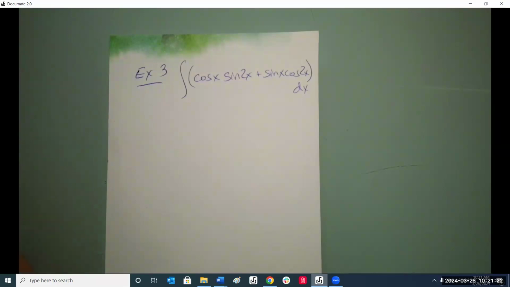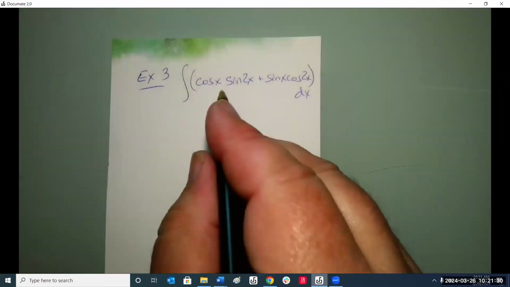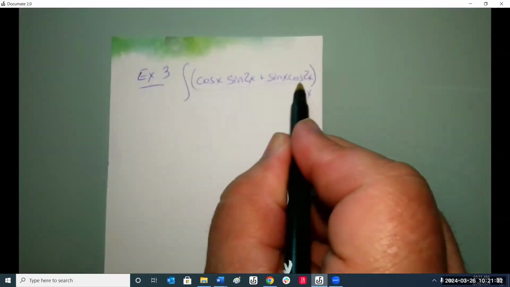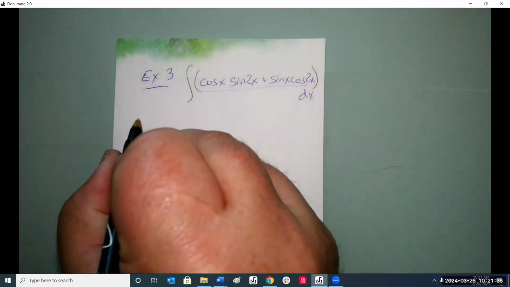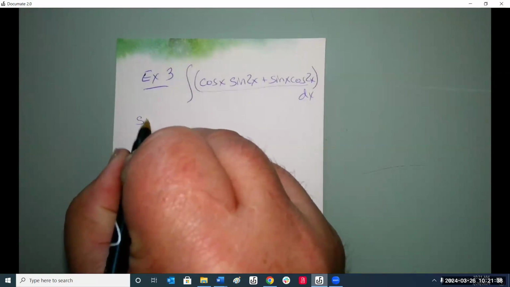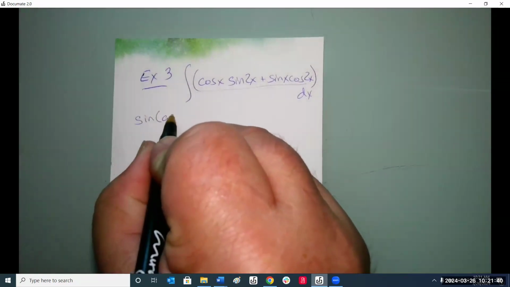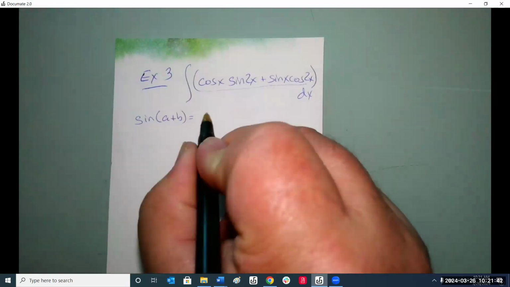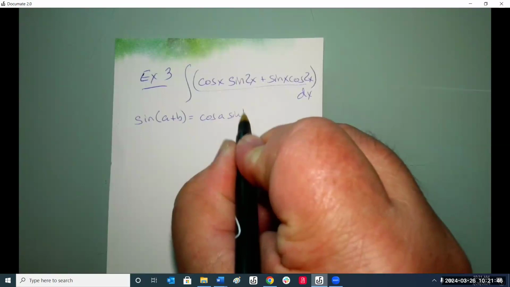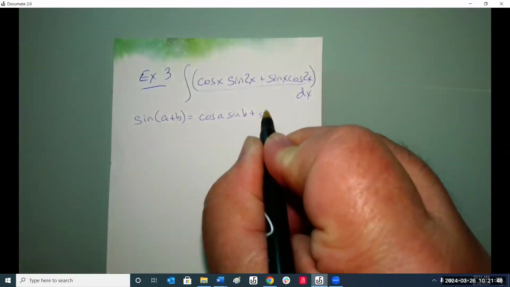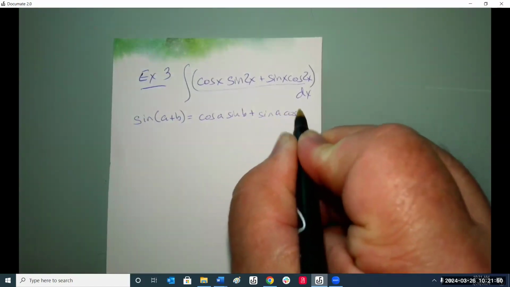As I said, we can use some trigonometric expansions. What we have here is the sum rule of the sine, because sine of a plus b is cosine a sine b plus sine a cosine b.